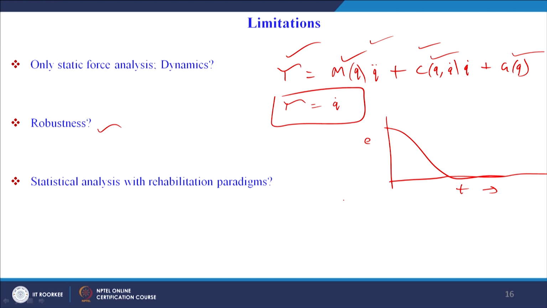That impedance will be the disturbance to be considered here, and we must see how the control strategy is going to be robust towards the disturbance applied. That must be the immediate future study for our research work, and we must also do statistical analysis against current rehabilitation paradigms.